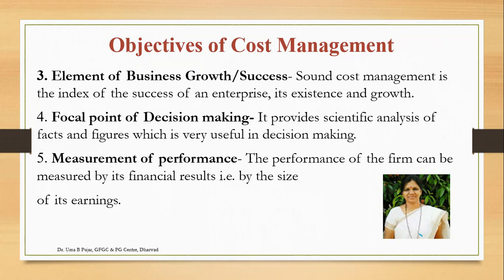It also helps in measurement of performance. The performance of the firm can be measured by its financial results, that is, by the size of its earnings. Risk and profitability are two major factors which jointly determine the value of the firm.